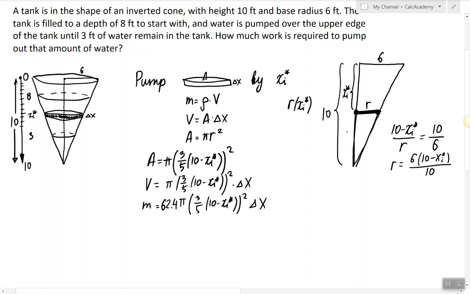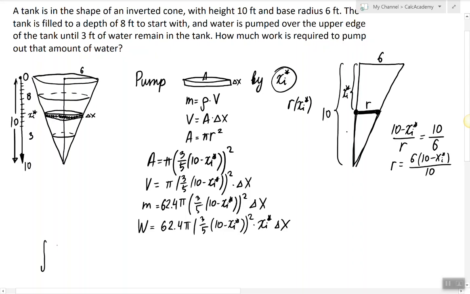And now the amount of work done by pumping this much mass of water this high is equal to 62.4 pi 3/5 10 minus xi star squared times xi star delta x. So if I want to find the total work done, I have to set up the following integral.